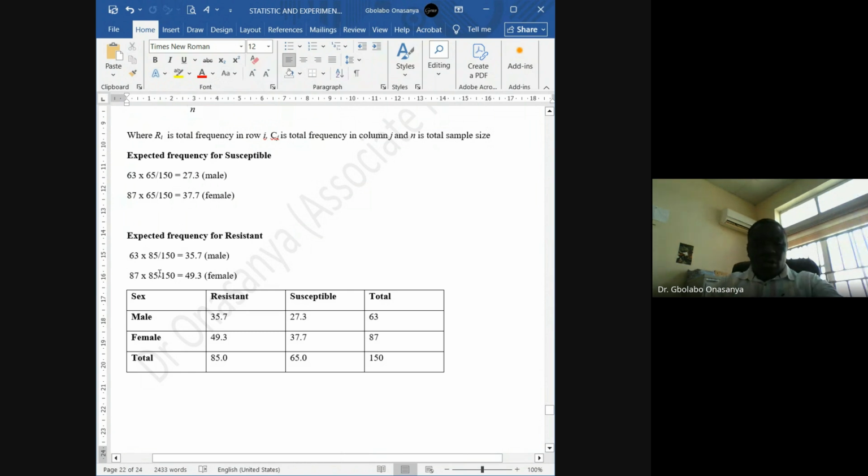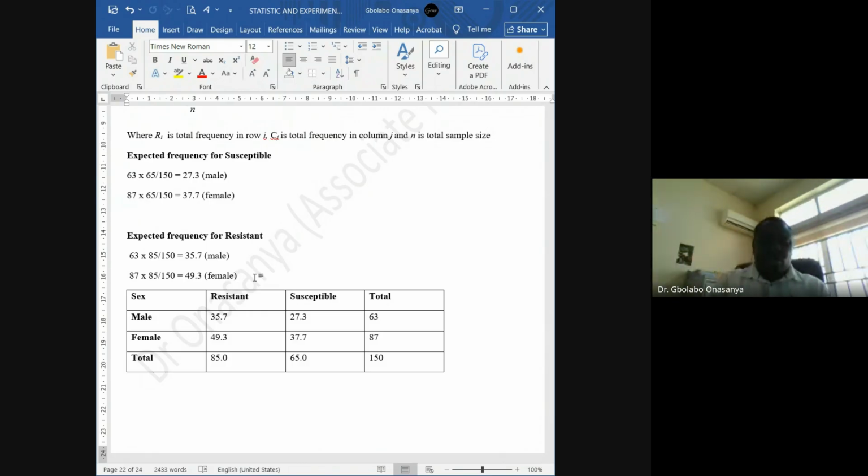Total enrolled for female is 87, and the total enrolled for resistance is 85. So 87 times 85 over 150, which is N, we get 49.3 for female. Then we have succeeded in calculating our expected frequency.